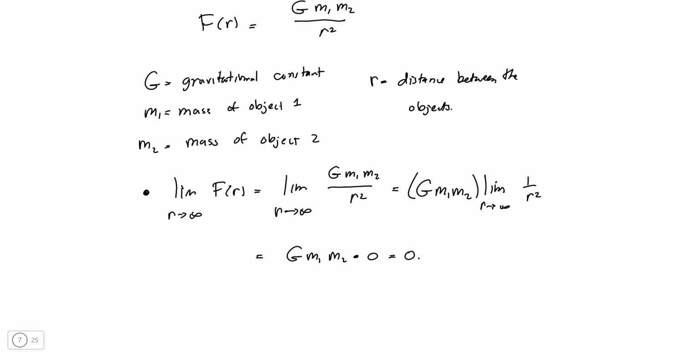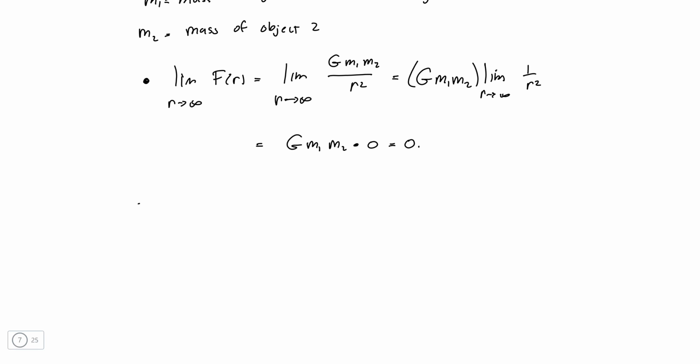Now, what would happen if we let them get really close together? So we'll let the distance between them go towards 0. Now this is the limit as r goes to 0 of G m1 m2 over r squared. Again, we can factor that constant out front.